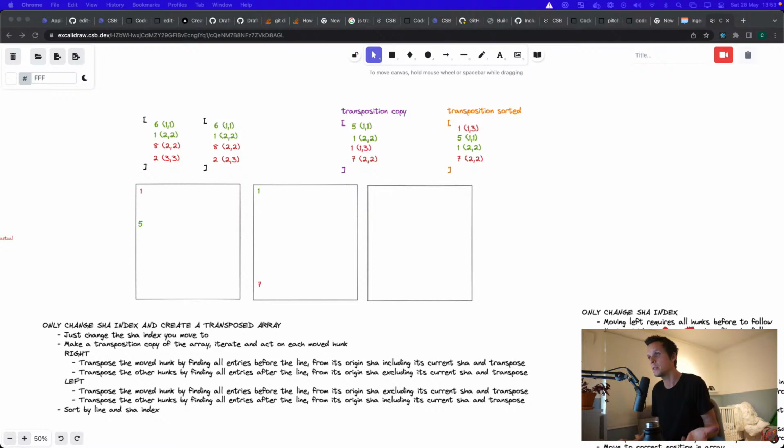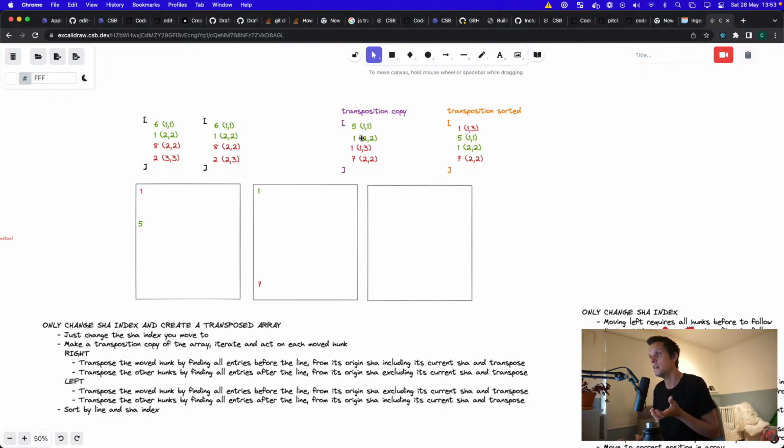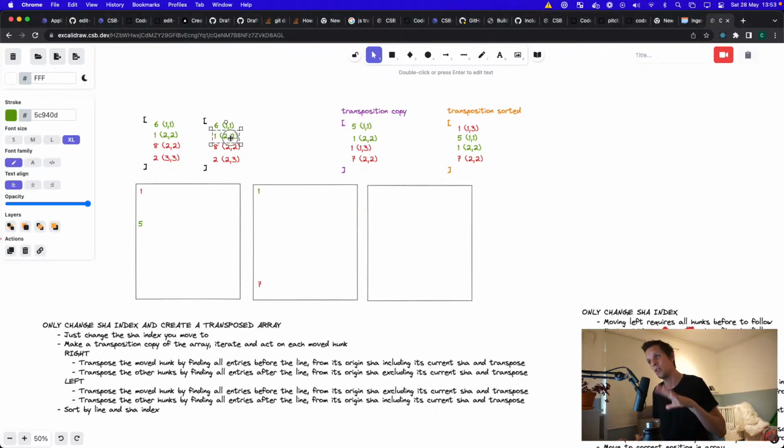The good thing now is that even though we talked about lines here, these lines actually represent hunks, and the additions and removals within each hunk are relative to the start of the hunk. Which means that when we start transposing the hunks, its changes are relative, so we don't have to mess around with that.